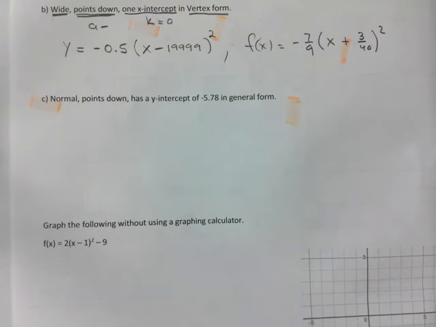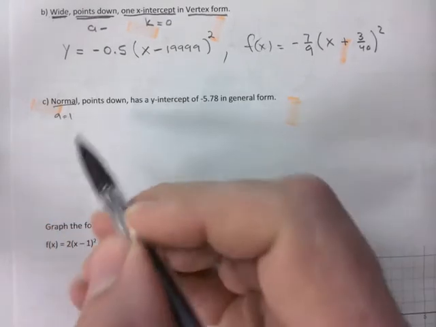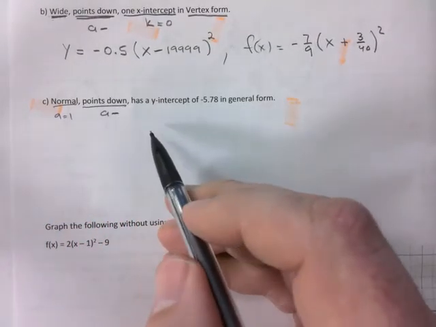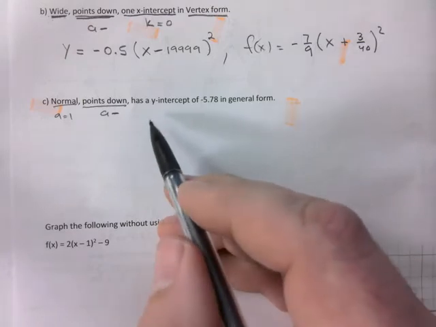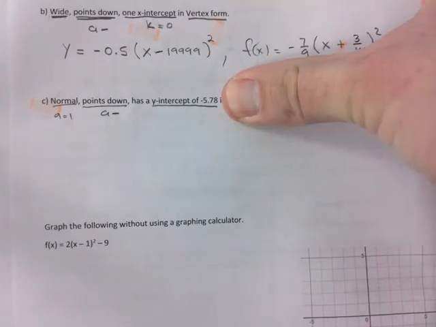Okay. Next question, normal. A is equal to 1. Points down, A is negative. Those are giveaways, right? Has a y-intercept of, how about if it just ended there?